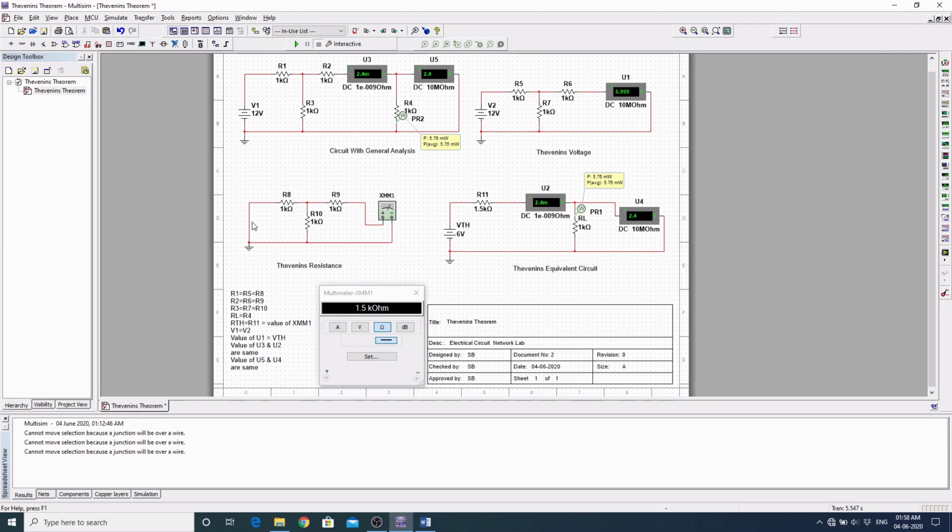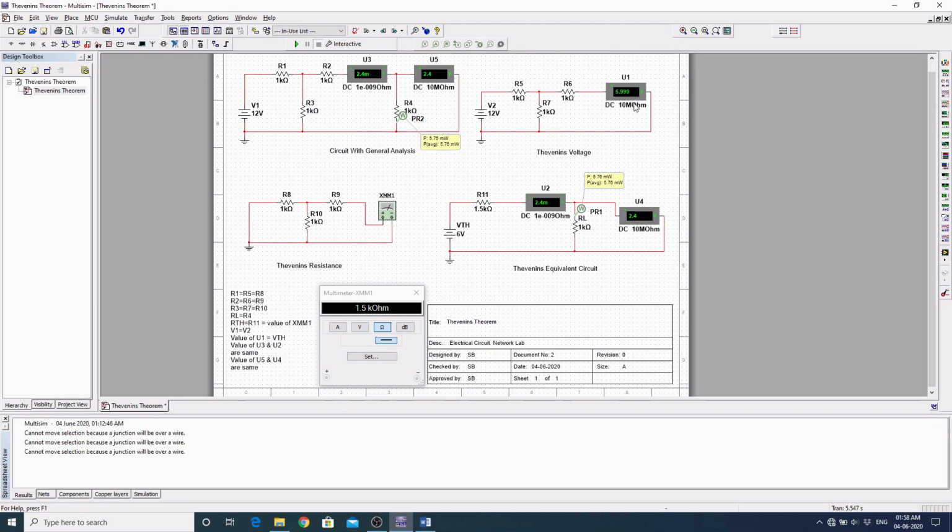For voltage sources the internal impedance is 0, and for current sources the internal impedance is infinite. So here a voltage source is available, so I short circuited it at this terminal, and the equivalent resistance is measured from this load resistance section after removing the load resistance.